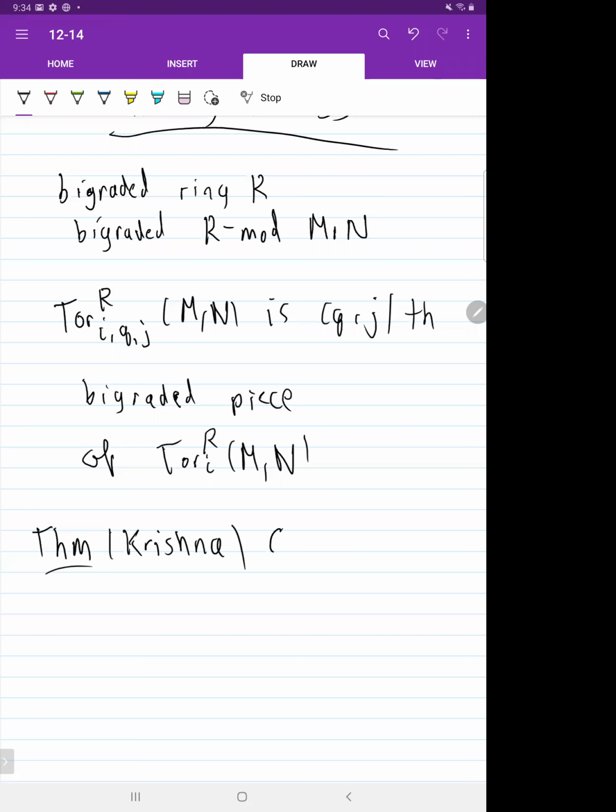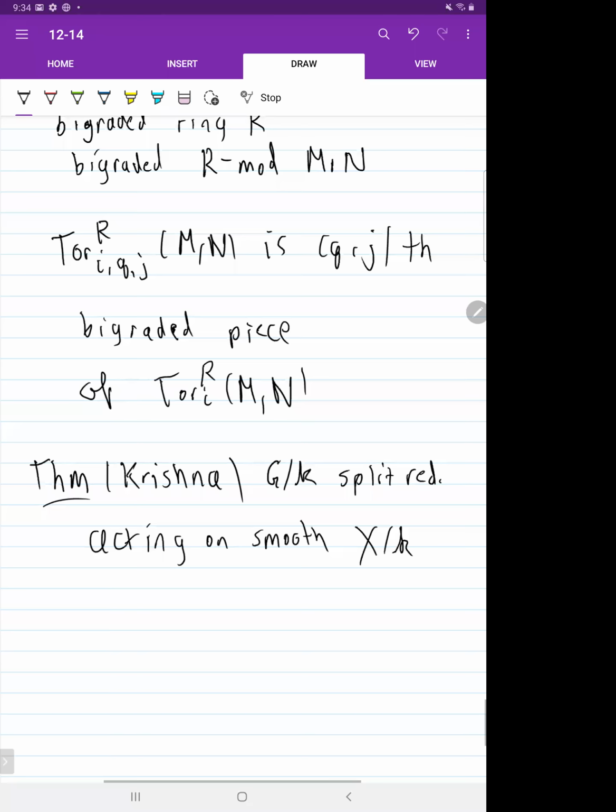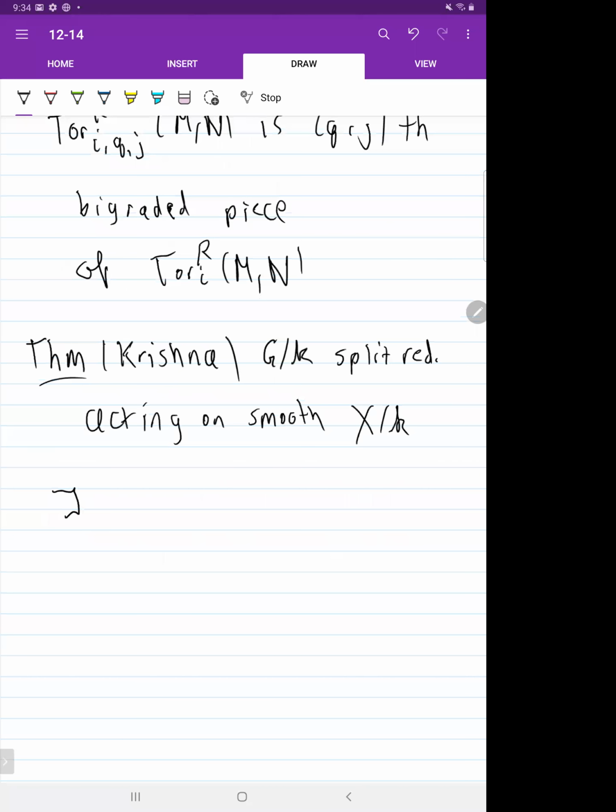So take G over k, k a field, split reductive, and take it acting on a smooth scheme X. Then there exists a left half plane spectral sequence with the following E2 terms.